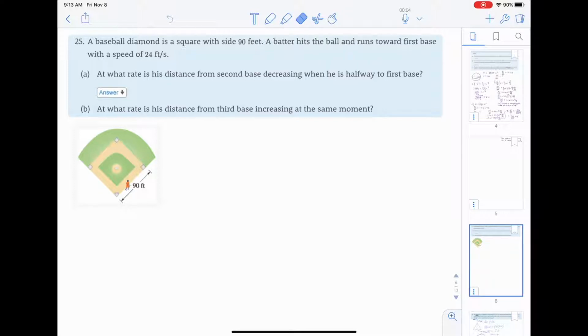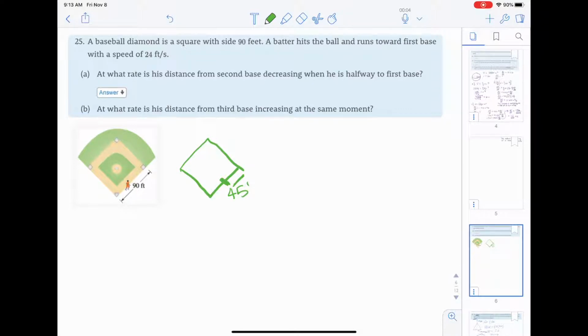So the first thing we're going to do is draw another square. And so our runner is right here, and he has 45 feet left to get to first.